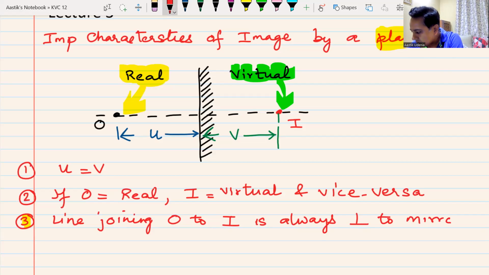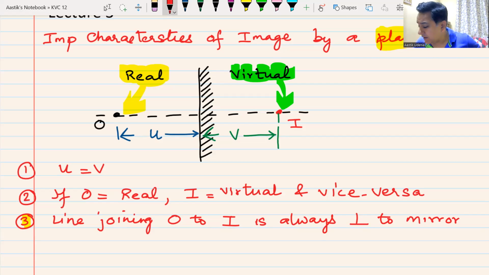A line which joins the object with the image. The line joining the object and the image will always be perpendicular to the mirror. Do we understand this? Yes or no?